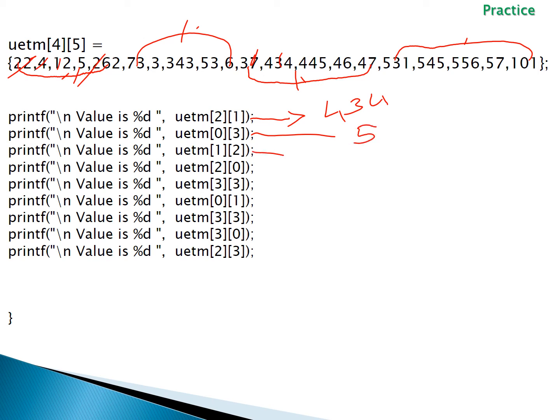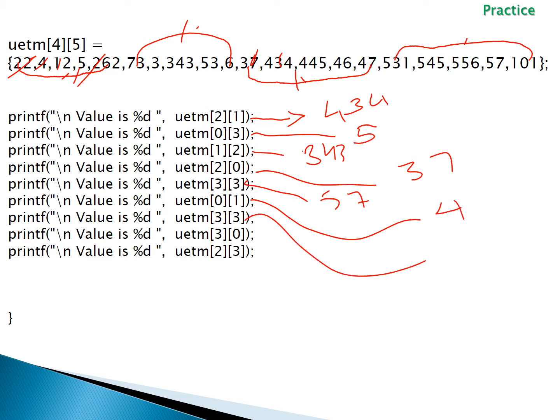What will be the output of this one? 343. This one, 37. This one, 57. This one, 4.